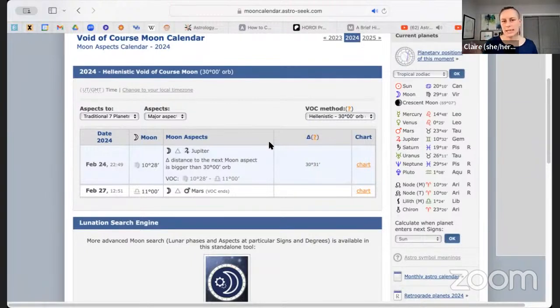But then once it gets into the next sign, the moon is out of that situation. Here, the moon can go through signs and still be void of course, and it has to not make any aspects within 30 degrees. And so it's really rare that it happens. It usually happens once or twice a year.